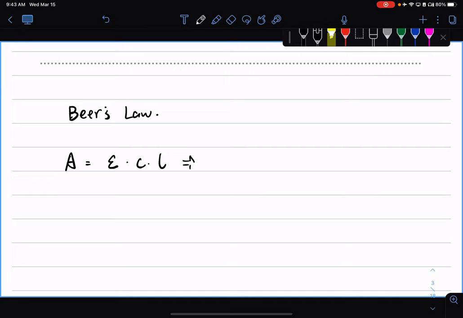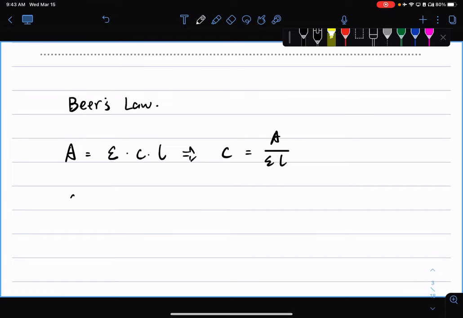Since the question is asking for the concentration, we have C equals A over epsilon times L. Plugging in the numbers, C equals 0.60 over the given epsilon, 6.4 times 10 to the 3, times length, which is 1.0 centimeter.